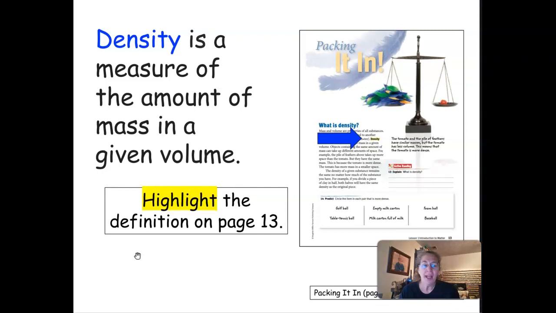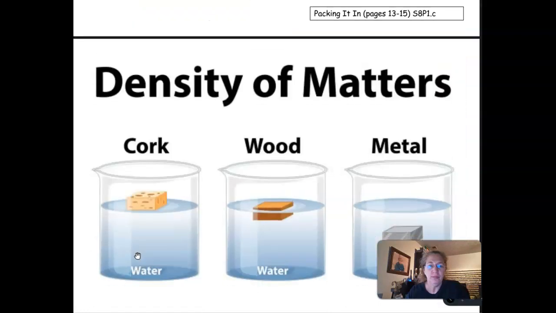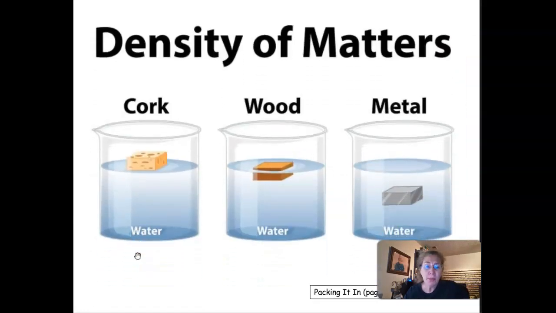So on page 13 of your textbook, make sure that you highlight the definition of density. Again, this is a very important vocabulary word. Remember that the density of water is 1.0 grams per milliliter.